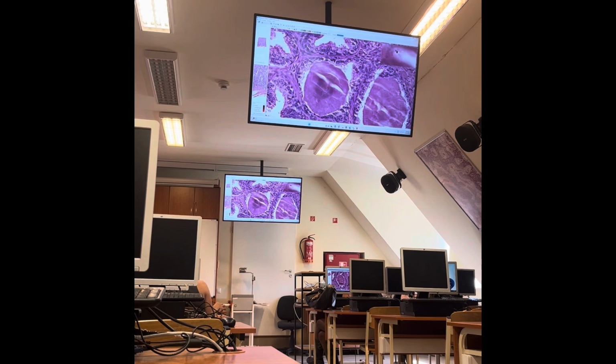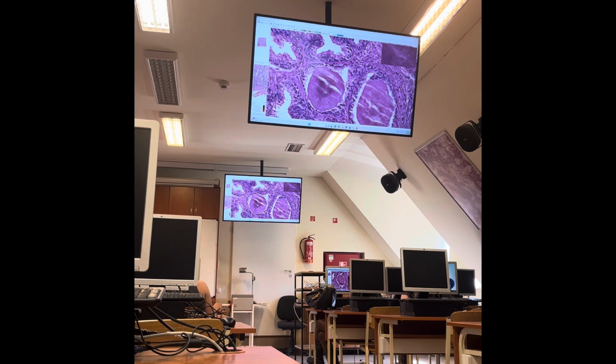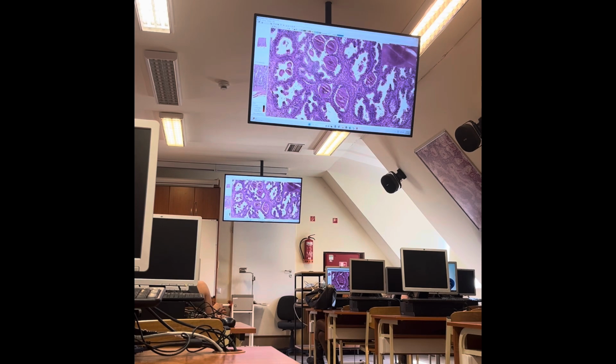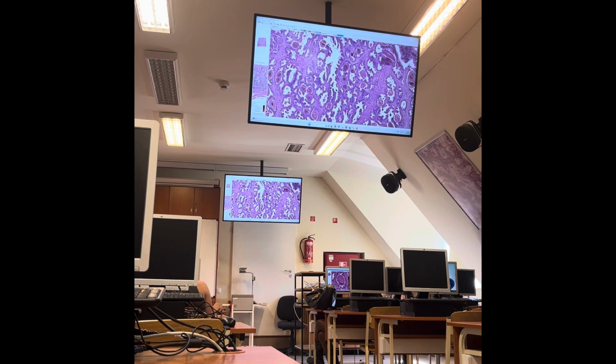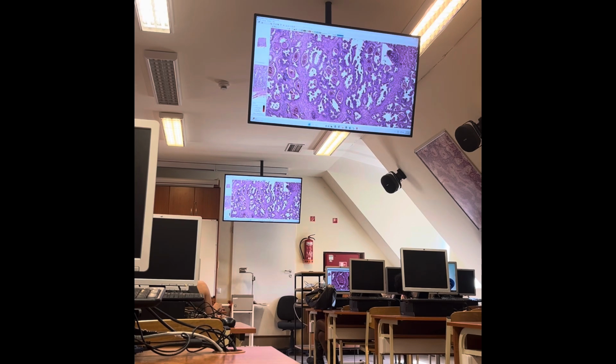And the larger ones especially, they can calcify also. So when you see in the central part of these structures the basophilic staining, that is a sign of the calcification. Okay, so these are corpora amylacea.